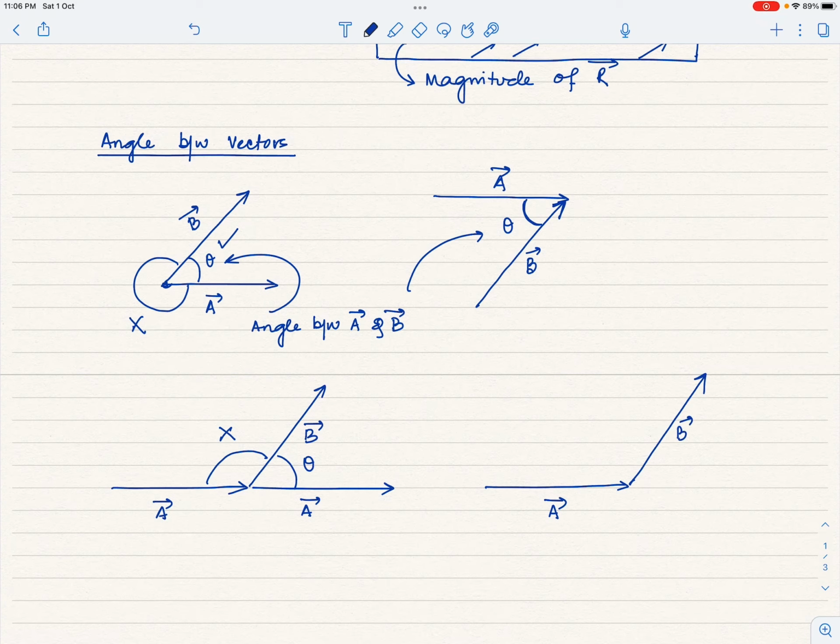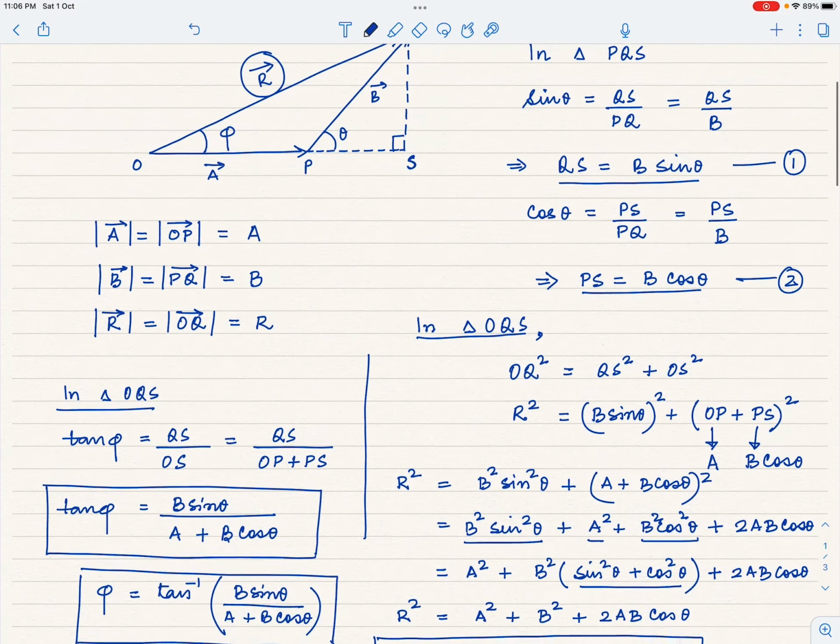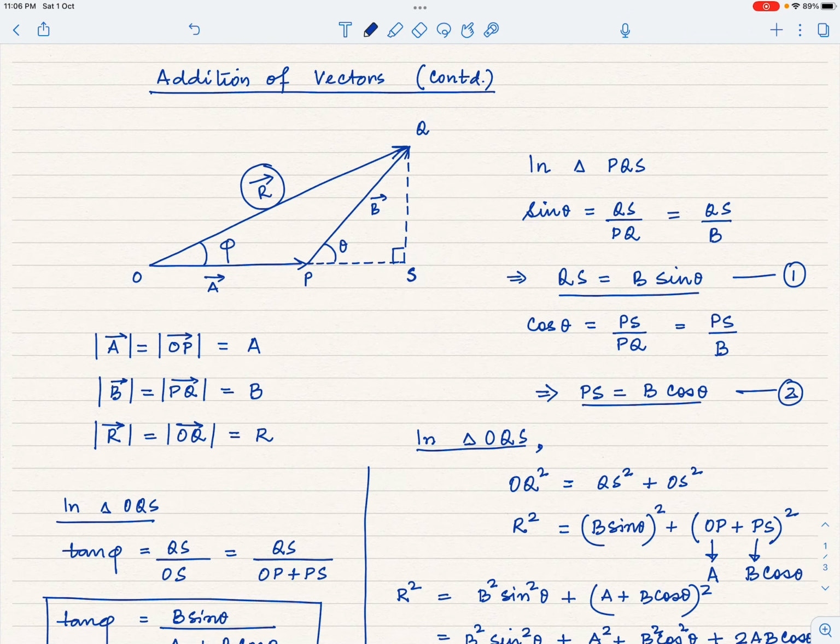So, if we have the same way in which A and B are drawn, you just draw a dotted line in the direction of vector A, and now you say that this is the angle between the vectors A and B. So, instead of actually shifting the vector A, you have just extended that direction to see what is the angle between the two vectors, and it is this particular method that we have used in the above exercise to find out the angle between the vectors A and B. So, this angle theta essentially we have obtained by extending vector A forward, right.